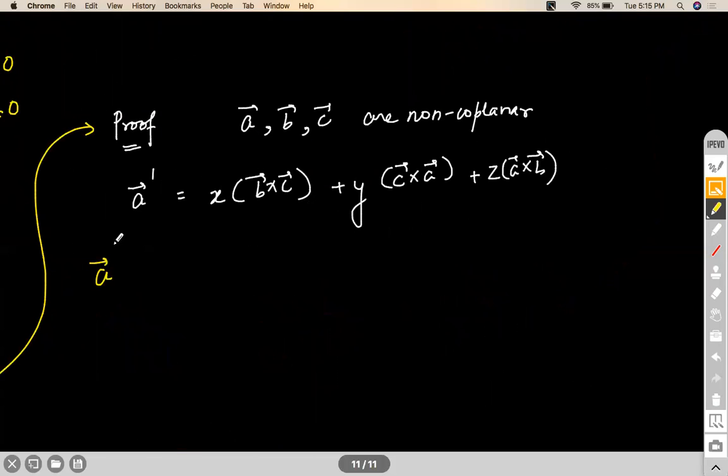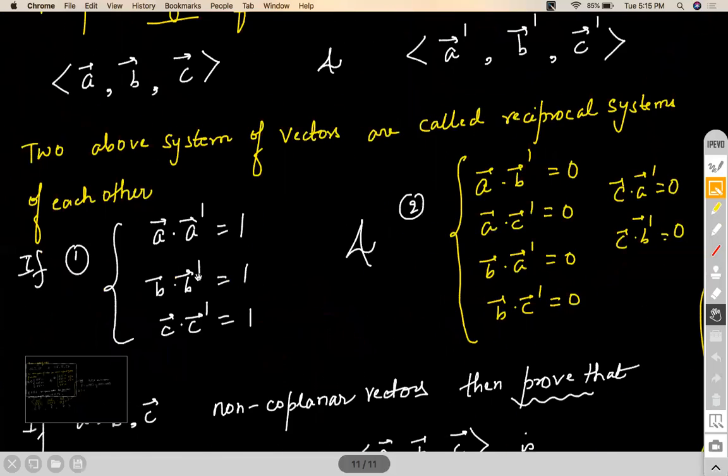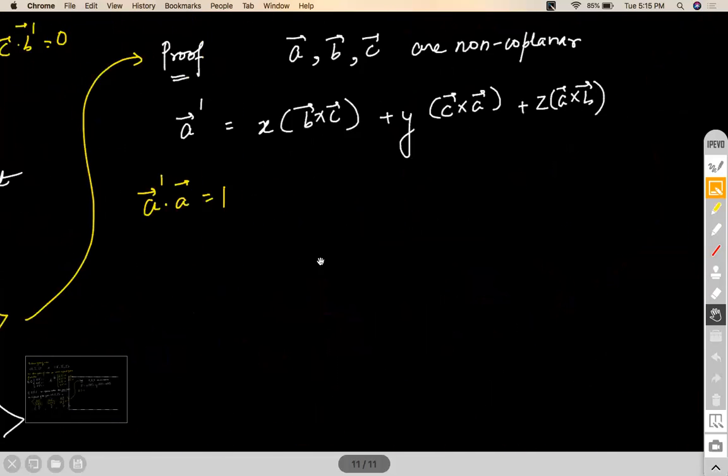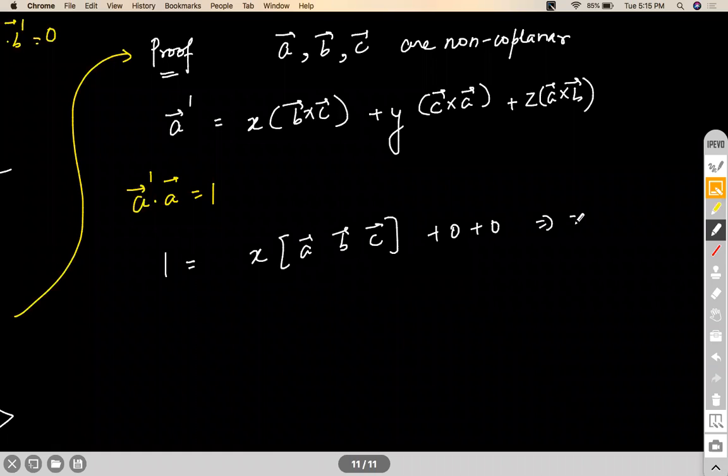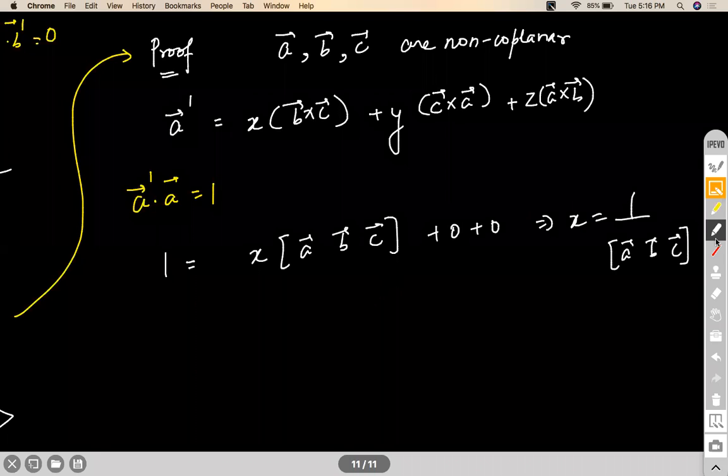That if I do A dash dot A, I should get a 1, isn't it? This is a property which I've already given to you. In other words, if I take the dot product with A on both the sides, this will only give me X times box ABC. The rest of the two will be 0, thereby giving me the X value as 1 by box ABC, correct?